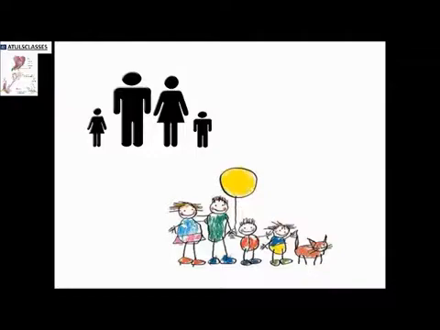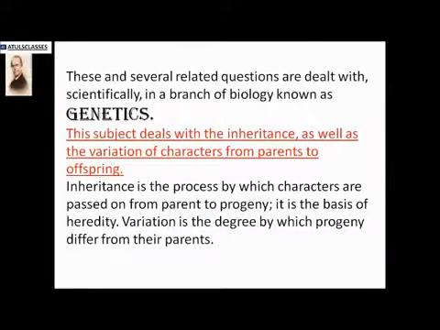A small variation is seen. So scientifically, we study this under the branch of biology called genetics. This subject deals with inheritance as well as variation, which is transferred from parent to offspring.